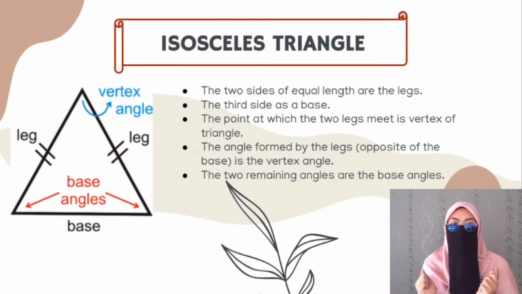The other dimensions of the triangle, such as its height, area and perimeter, can be calculated by simple formulas from the length of the leg and base. Every isosceles triangle has an axis of symmetry along the perpendicular bisector of its base.